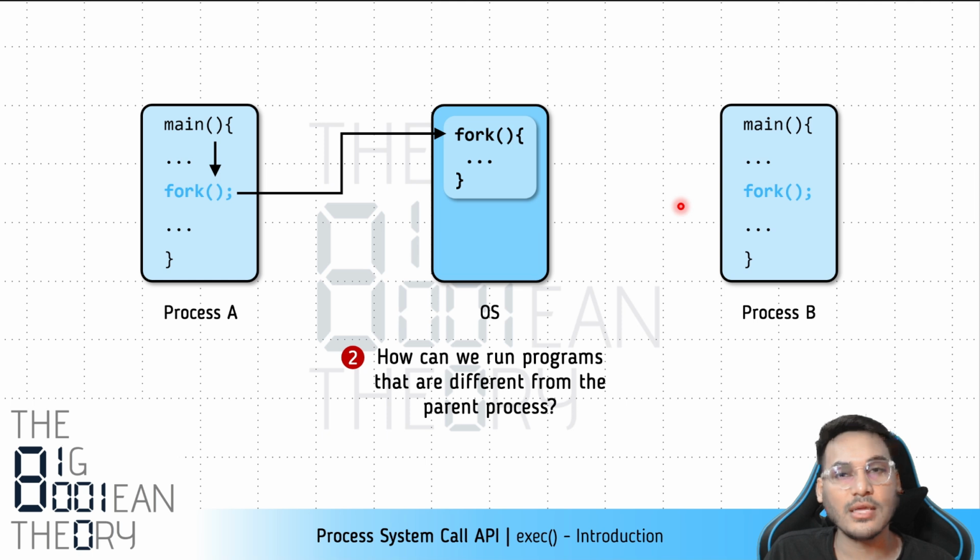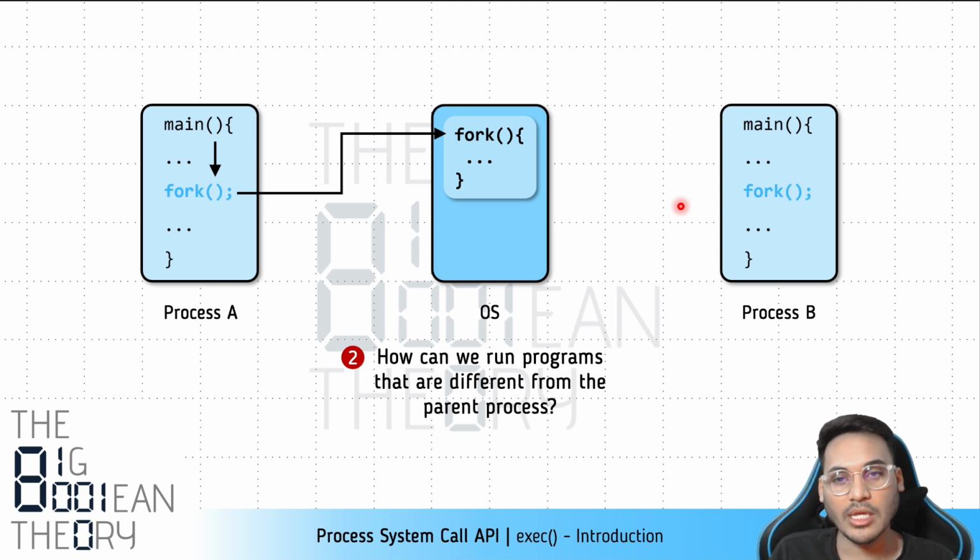That is why, in the Unix operating system, we have another system call, the exec system call. It complements the fork system call. It does not create a new process, but it allows us to execute a new program. If you compare this with fork, the fork system call creates a new process but executes the same program, whereas the exec system call does not create a new process but allows us to execute a new program, a new binary.